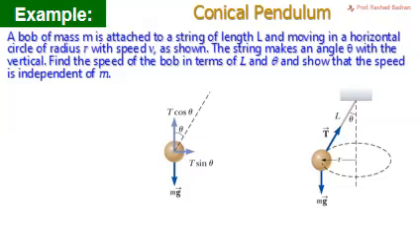Again, the only force that is going to be resolved into two components is the tension. So we have a vertical component, perpendicular to the circle, T cosine theta, and another component, T sine theta, which is the centripetal force responsible for uniform motion.